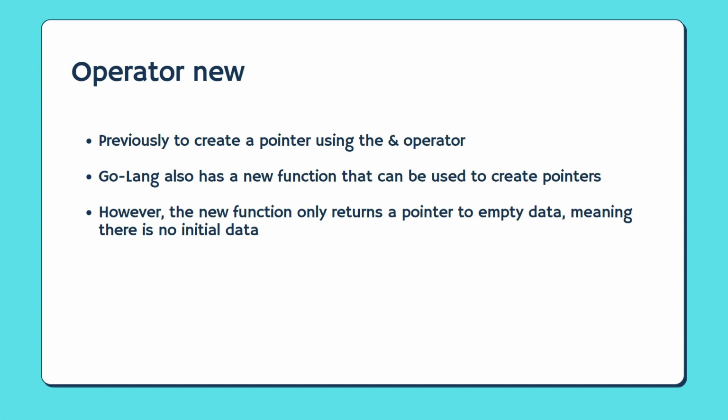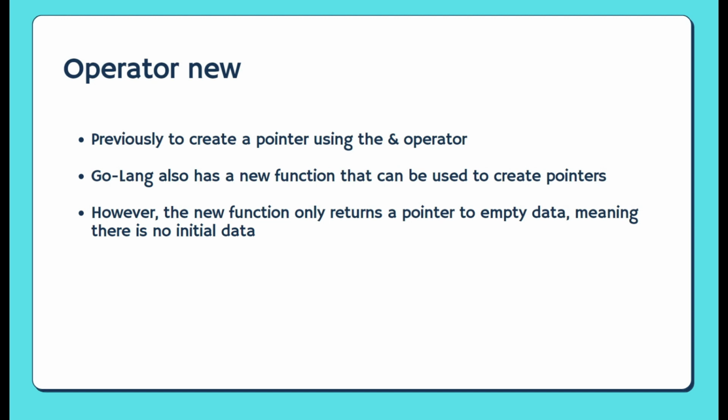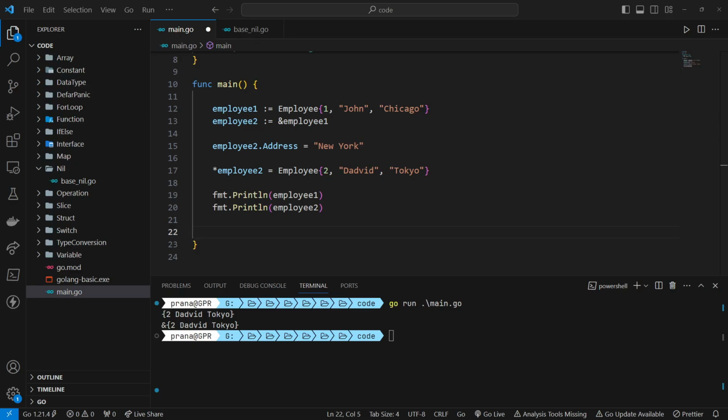Operator new. Previously, we created a pointer using the ampersand operator. Golang also has a new function that can be used to create pointers. However, the new function only returns a pointer to empty data, meaning there is no initial data. Next, let's explore the creation of pointers using the new keyword.